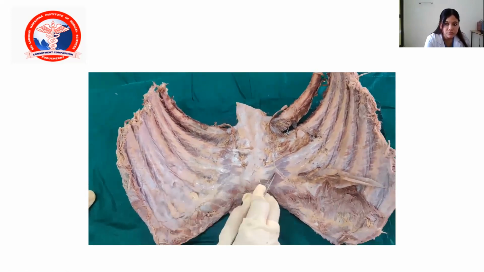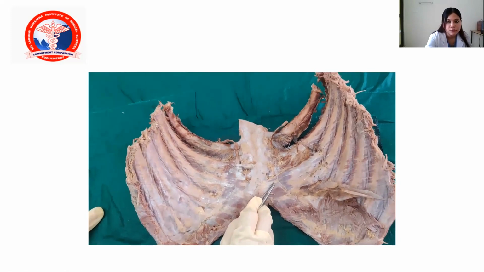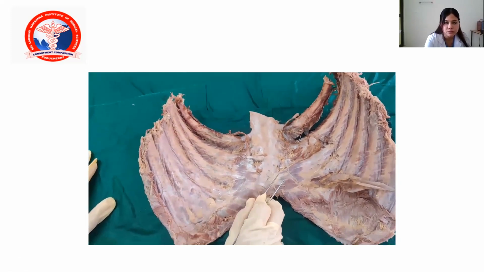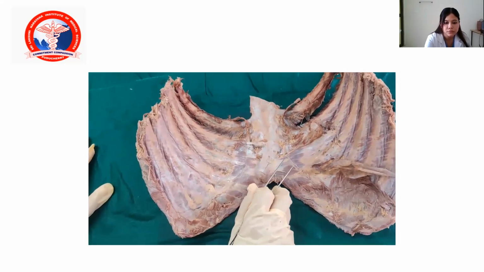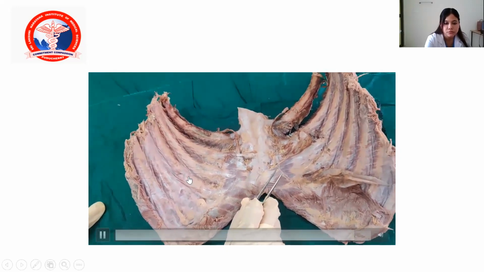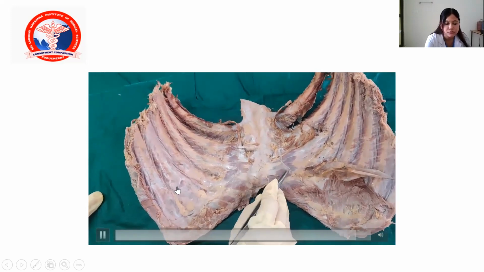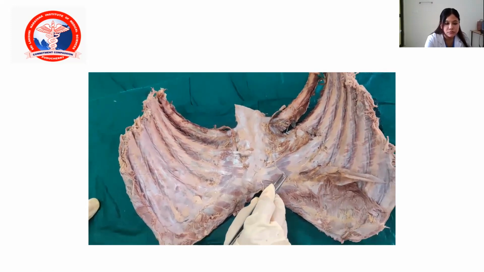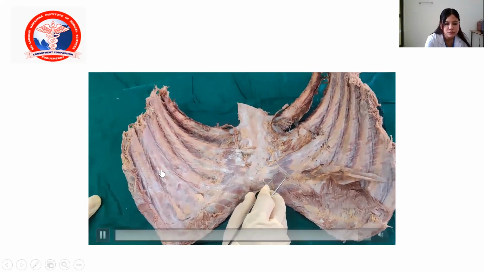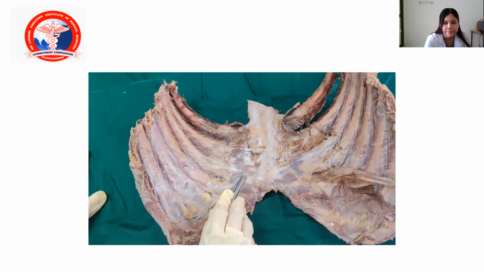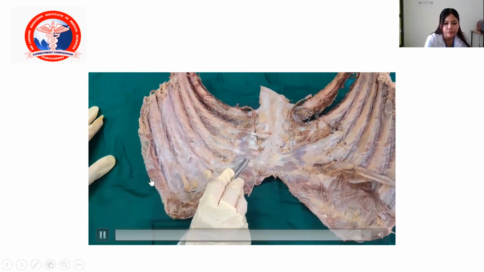On the right side, the rest of the posterior intercostal veins, starting from the 5th level, drain into the vertical part of the azygos vein. Whereas on the left side, as I have told you before, they drain into the hemiazygos vein.